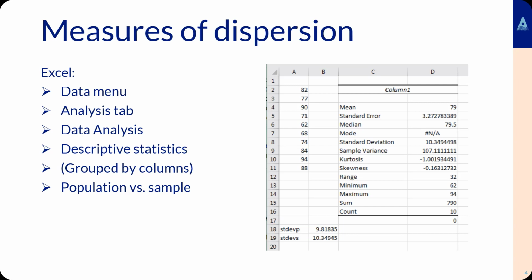However, Excel always assumes that the data you're giving it is a sample from a larger population, and it calculates by default the sample standard deviation, STDEV.S. You can see the two calculations down below in cells B18 and B19. The Excel calculation for population deviation is 9.82, and for sample it's 10.35. So see if you can repeat that screenshot in Excel as a short exercise.